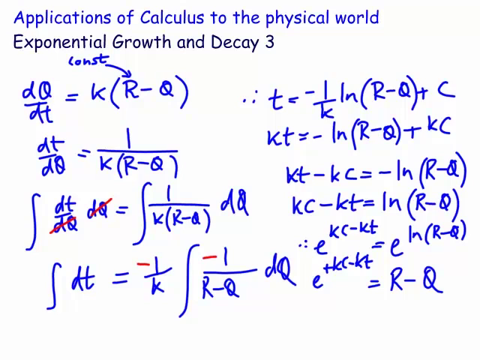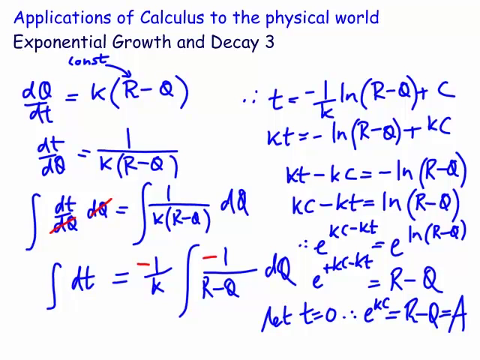First up, we normally let t equal 0, and therefore e to the kc is r minus q. I'm going to let this equal some other constant a.